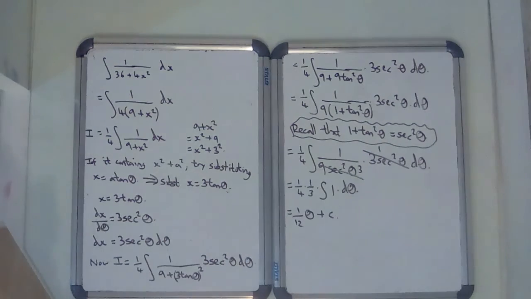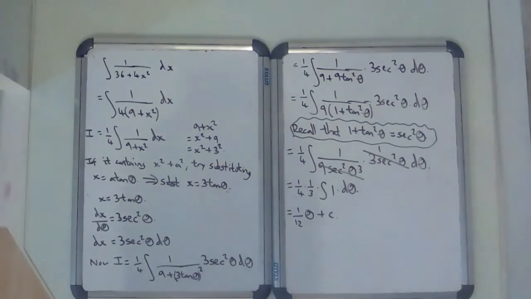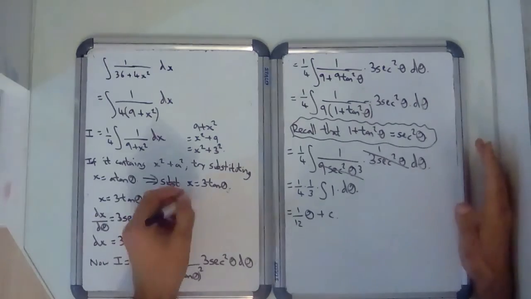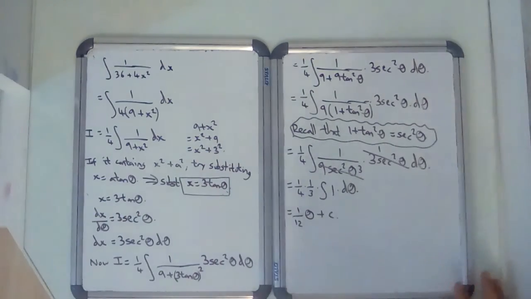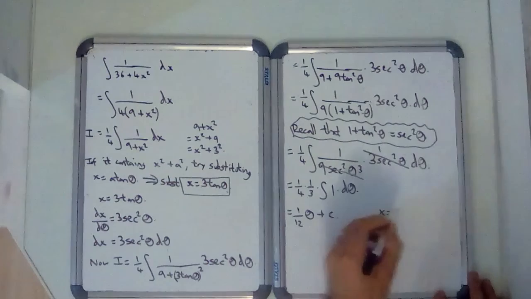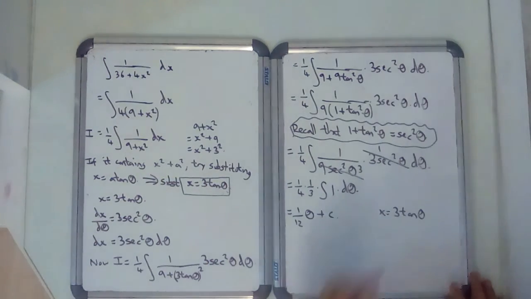So that's not quite done because we need the things to be in terms of x, not theta. So if we go back to our initial substitution, which was x equals 3 tan theta, basically we just need to get theta in terms of x.